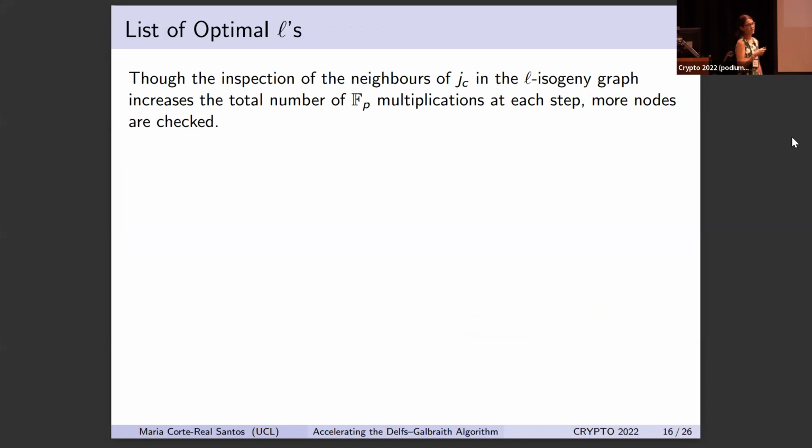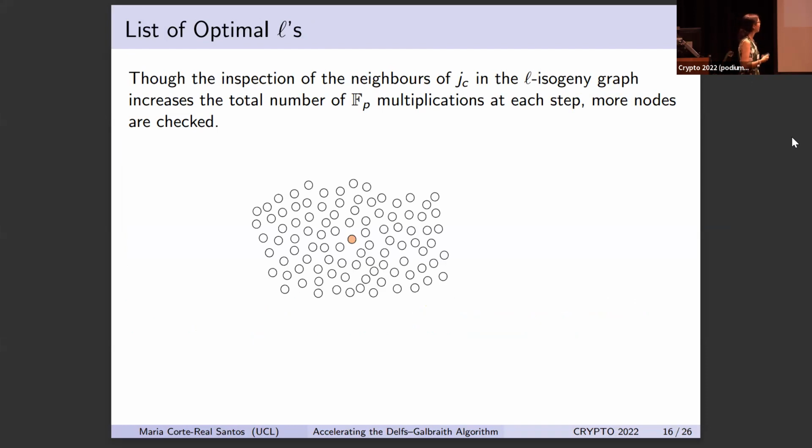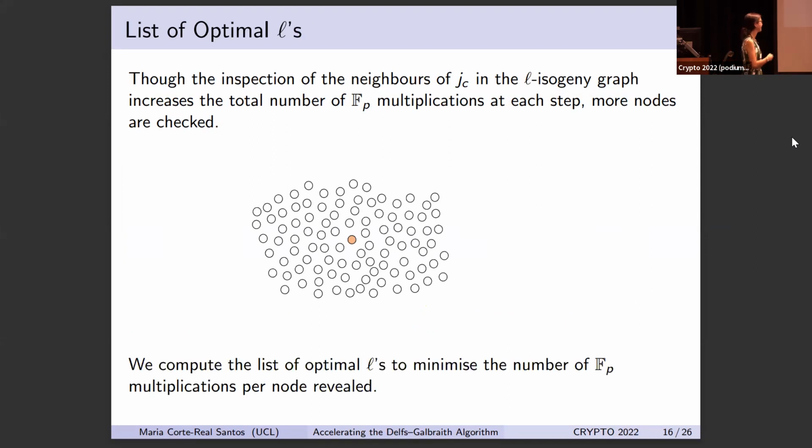So now to discuss how we choose the list of optimal Ls. Though inspecting the L-isogeny graph using the subfield root detection does increase the number of multiplications that you do at each step, you are checking a larger proportion of the graph. I don't think the animation will work, but if you want to see it, you can go on the crypto website.